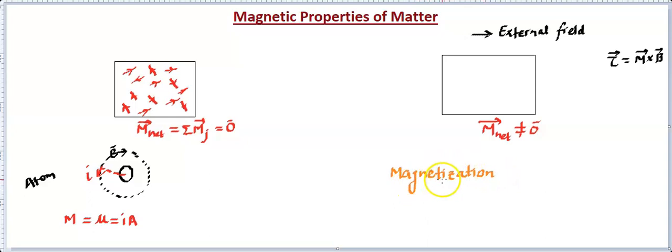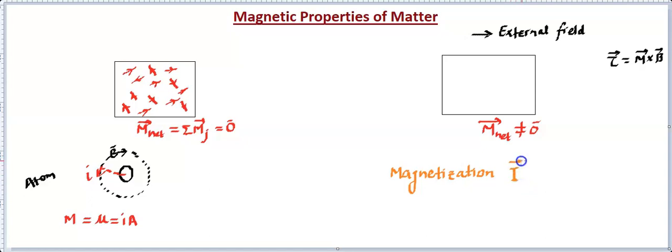So magnetization basically talks about how much magnetization is taking place because of the external field that we have applied. In the absence of an external field, there was no magnetization because this material was not having its own magnetic field.